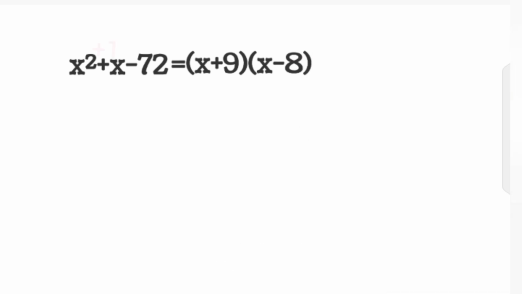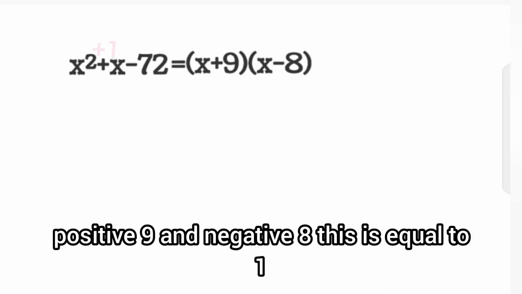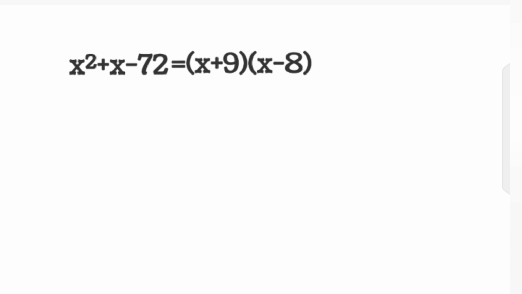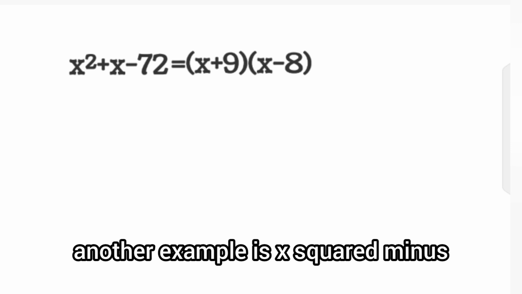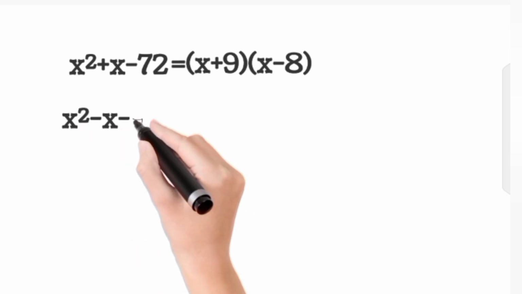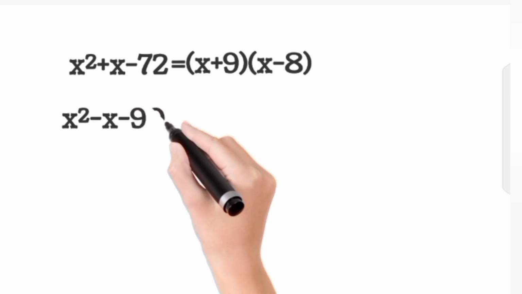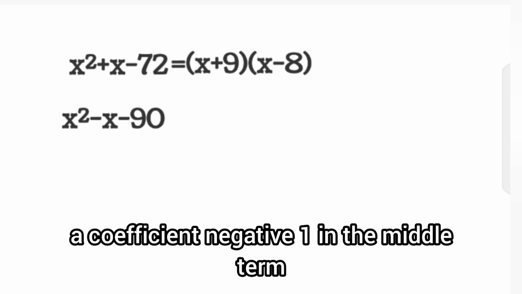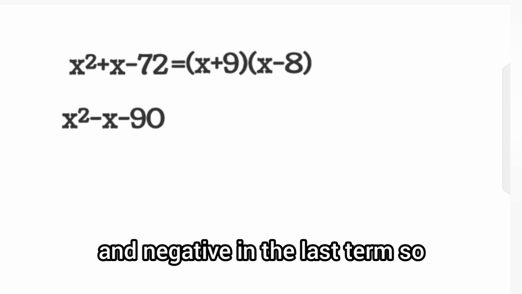If you add positive 9 and negative 8, this is equals to 1, which is the coefficient of x in the middle term. Another example is x squared minus x minus 90. So we have a negative in the middle term, a coefficient negative 1 in the middle term, and negative in the last term.